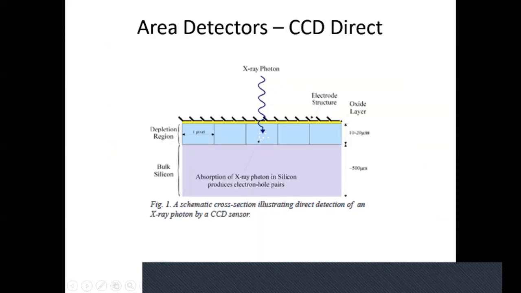This is just showing you again what happens. The X-ray photon comes in, and then it goes through, and then visible light comes out the other end. Oh no, this is a direct, so it's directly reading the X-ray photons as they come in.